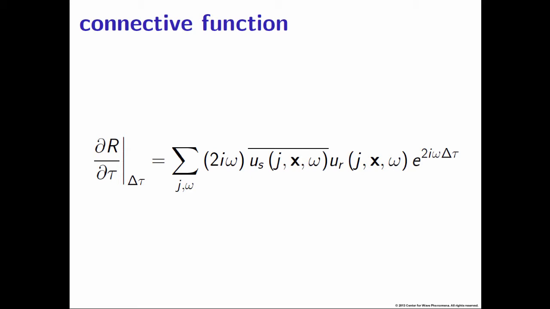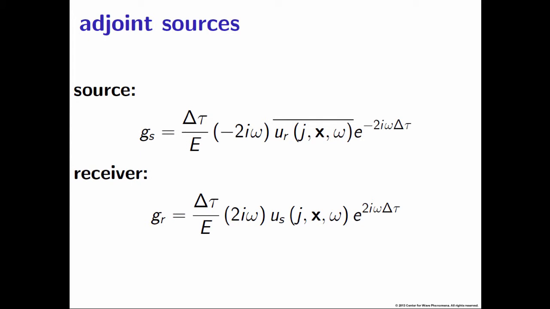You can see the final result on the right of the equation has both the wavefields US and UR and also the quantity delta tau. When we have this connective function, we can insert it back into the derivative we saw before, and by using the rule for implicit function derivatives, we can obtain the final result for the adjoint sources as shown here.